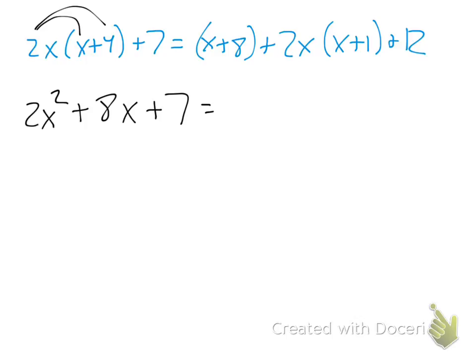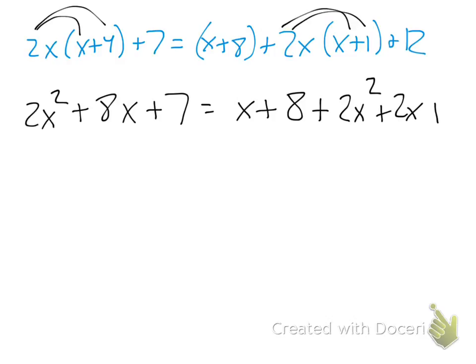Equals, is there anything in front of the x plus 8? Yes, there is. It's a 1, but do I need it? Do I need the parentheses then? No. Plus 2x times x is 2x squared plus 2x and the 12 is all by itself.